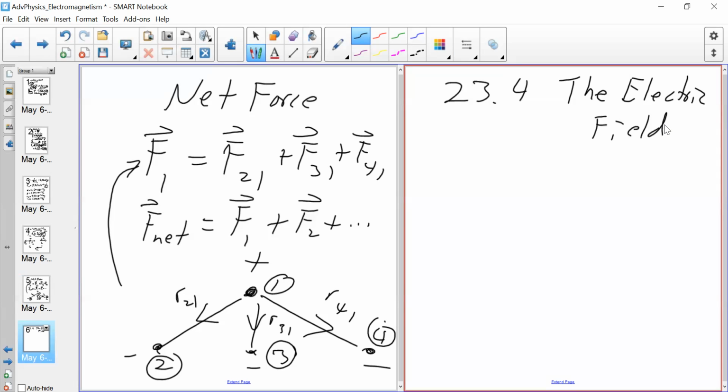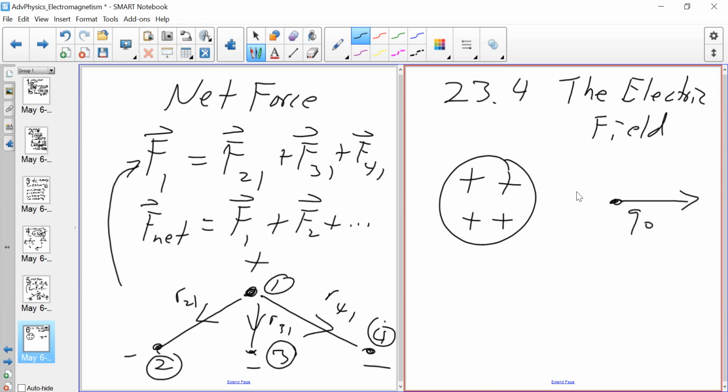So common experiment, or one way to show this, is that if we had a large charge, call it Q, and then we had a test charge, call it Q naught, we can define the electric field in the same direction as this force. The field is the region of space between these 2 charges through which a force acts.